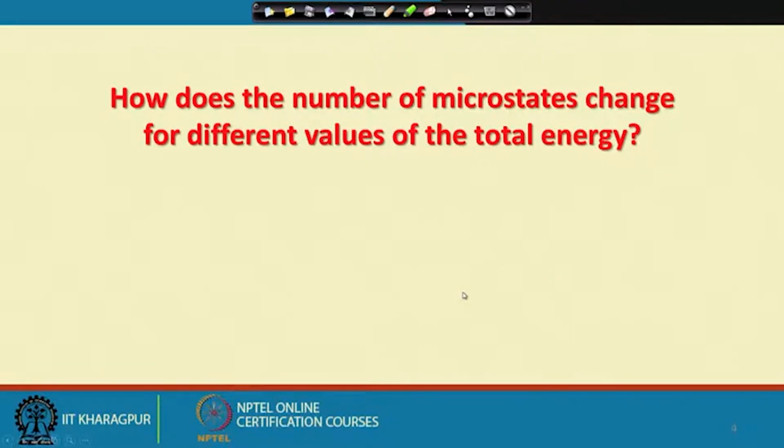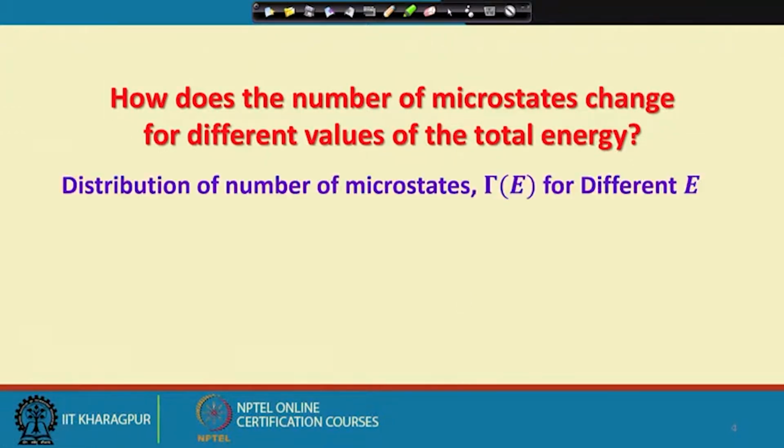So, in today's lecture, what I will try to demonstrate is one step further in this discussion, and the question that I ask is, how does the number of microstates change for different values of the total energy? In answering this question, it is convenient to talk in terms of distributions.